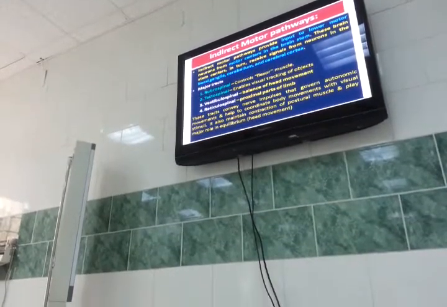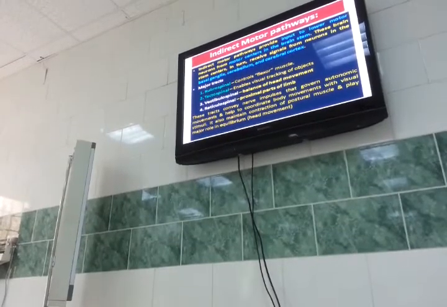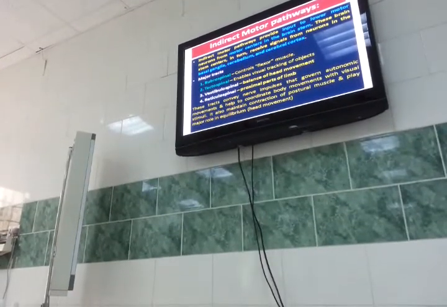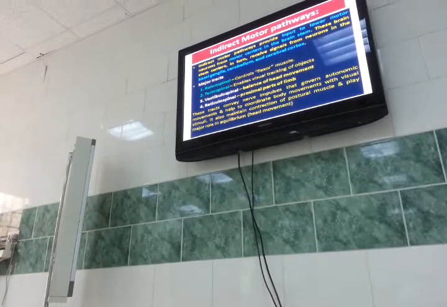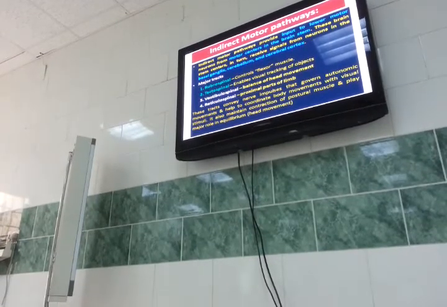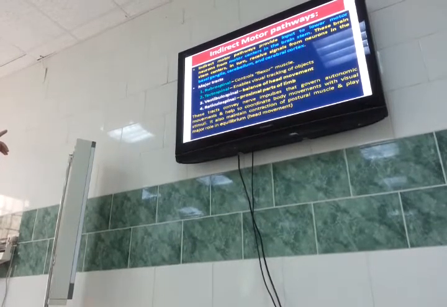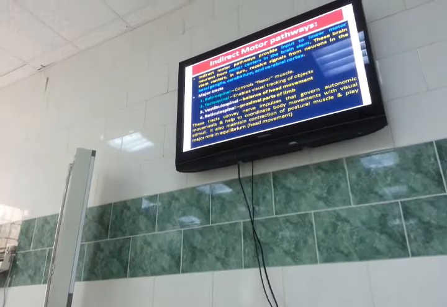This second order neuron decussates at different levels, not the first order neuron, not the third order neuron. Understand? Here the decussation occurs upper and lower, and decussation at the level of medulla.